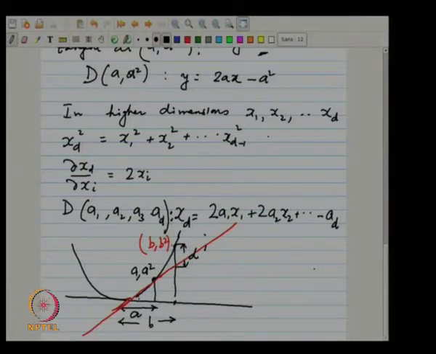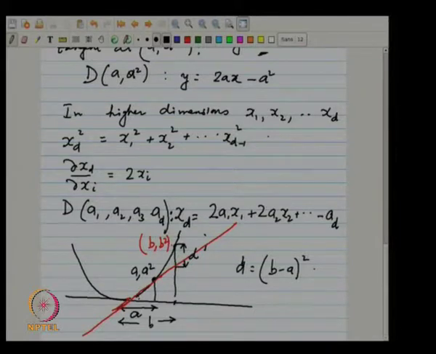Now, d is equal to b minus a, whole square. This just follows from this formula.